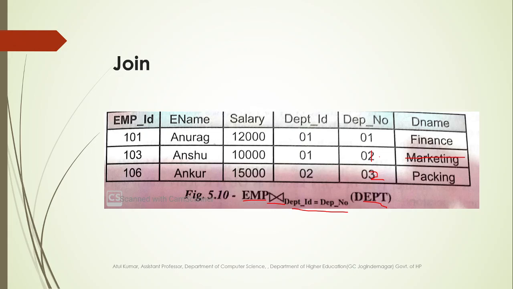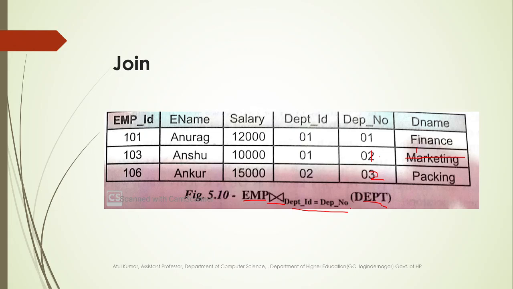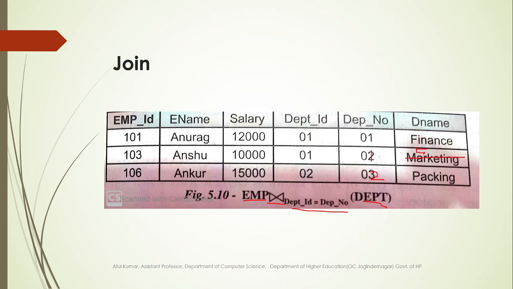Here the result is, as department number 1 is finance, so the answer is finance. And here department id and department number are 2, the result is packing. So this is the same, but here we just have to write finance, so there is some mistake in this example.